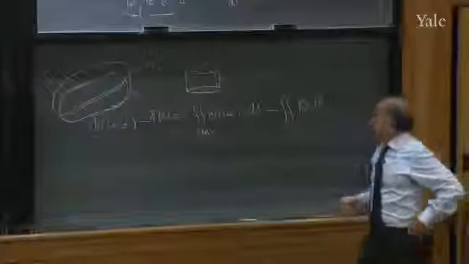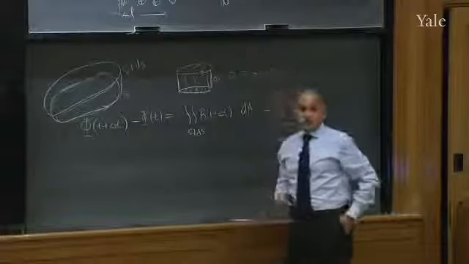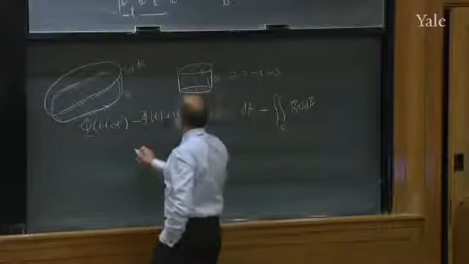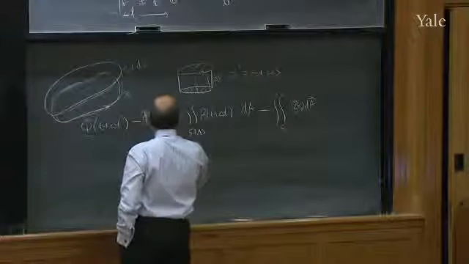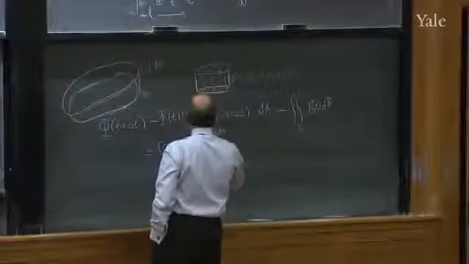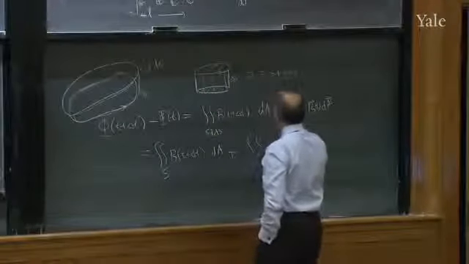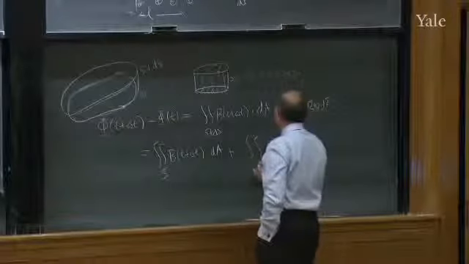You take the old surface because it's going to make it easy for you to cancel some of the stuff with some of this. That's why. So B at t plus delta t on dA, you can write as the integral of B at t plus delta t dot dA on S, plus the integral of B of t dot dA on delta S.